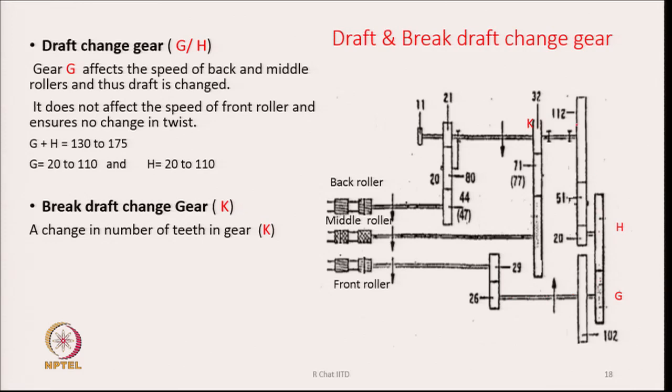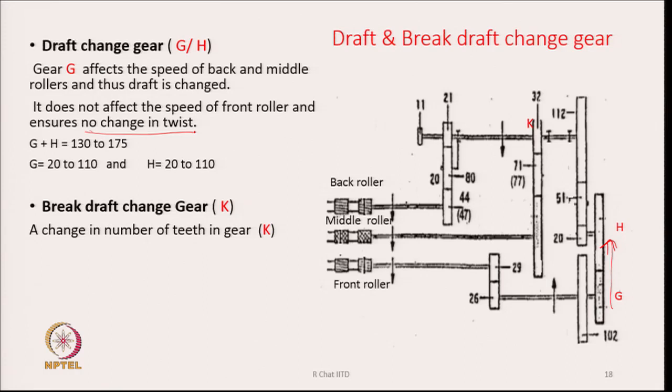So, if you look at the previous diagram, the motion flow diagram, you will see that it is going from this side to this side always, and therefore the speed of both back and middle roller will change simultaneously, and hence break draft is not going to change. And it is not going to change the speed of the front roller also. Therefore, the speed of front roller is not going to change, and hence twist will also not be changed.